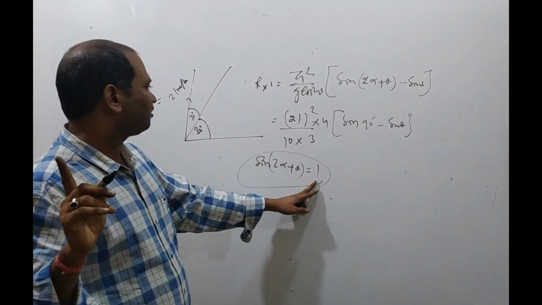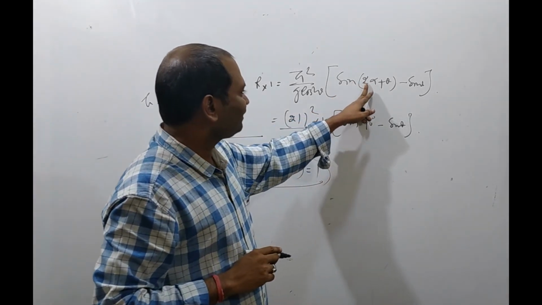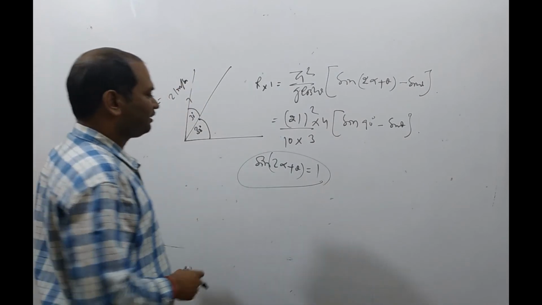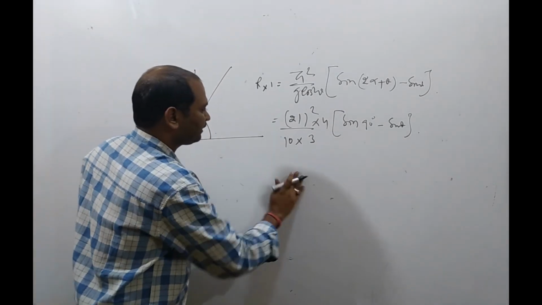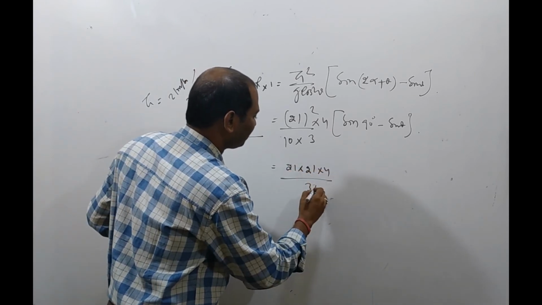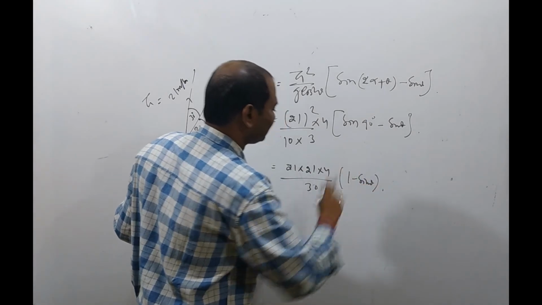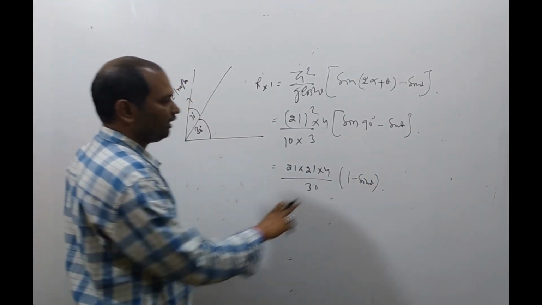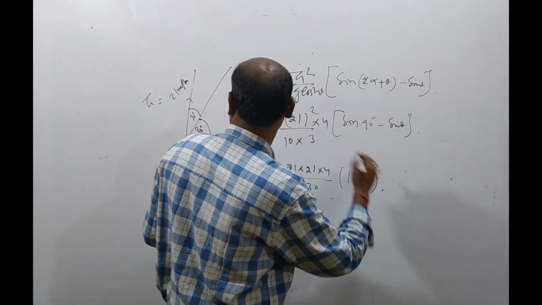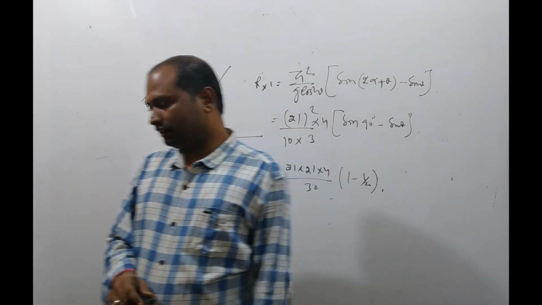So 2 into alpha, 30 into 2 is 60, 60 plus 30 is 90. Then 21 square into 4 divided by 30, into 1 minus sin theta, and sin 30 is half. Solving this you can get the horizontal range.